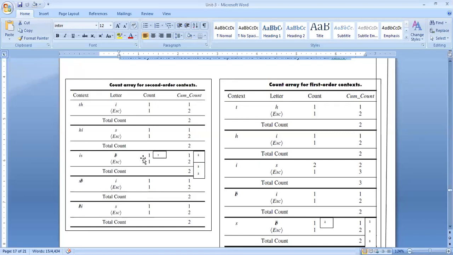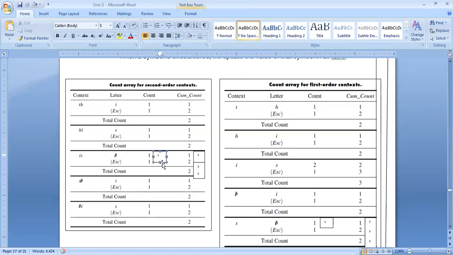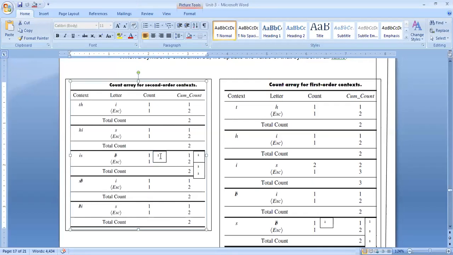Initially the value of B cross is 1, and after encountering it we update it by adding 1, so this will be converted to 2. The B cross count value was initially 1, but after encountering B cross, we find the LSB and MSB of the lower and upper bound are the same, so we can transmit that value for this letter, and after that we update the values of L and U. And again after that, we update the value of B cross in all the tables.